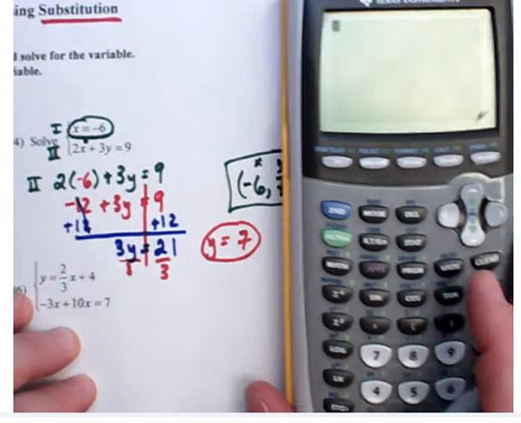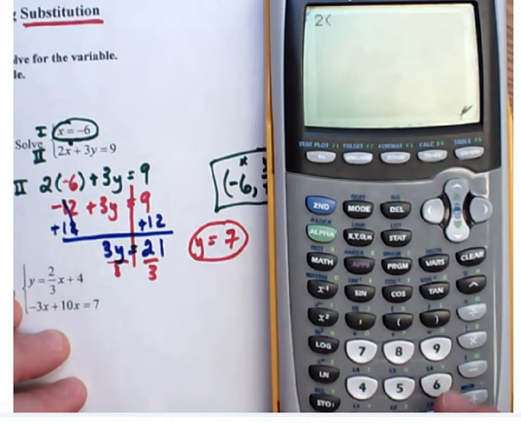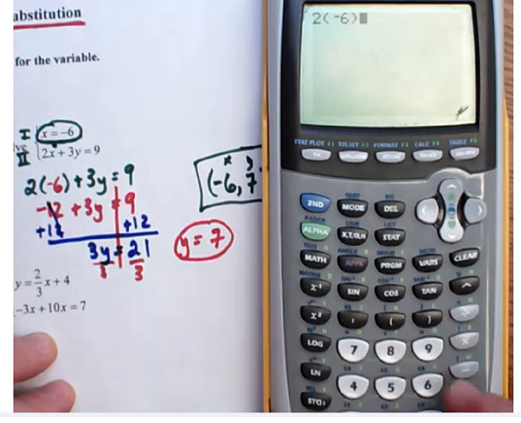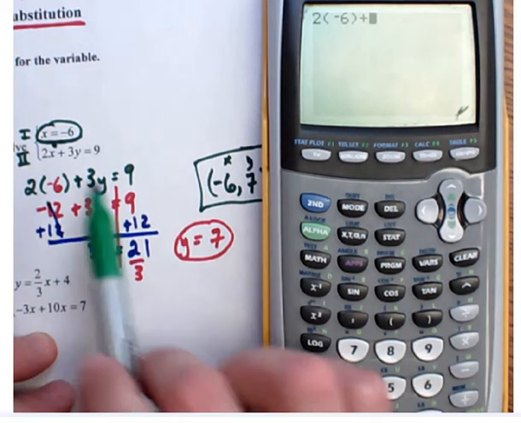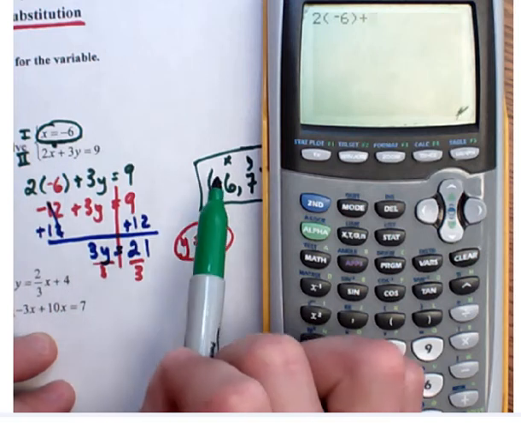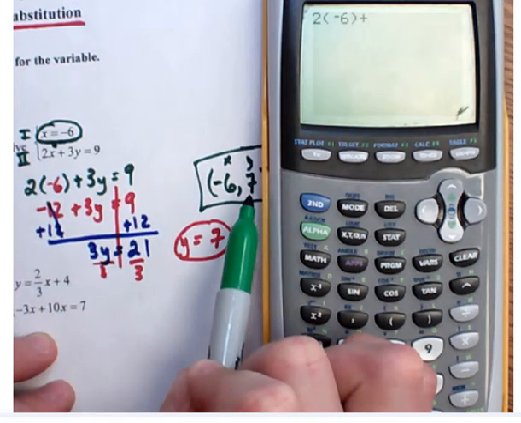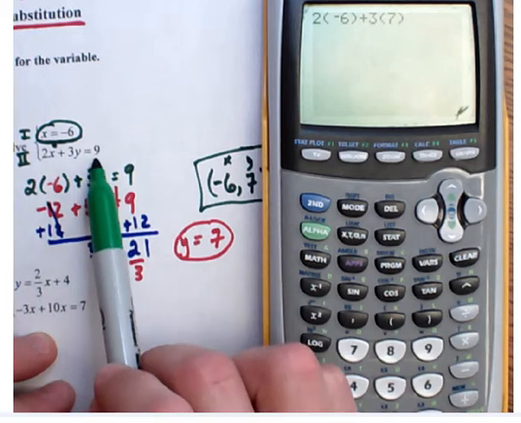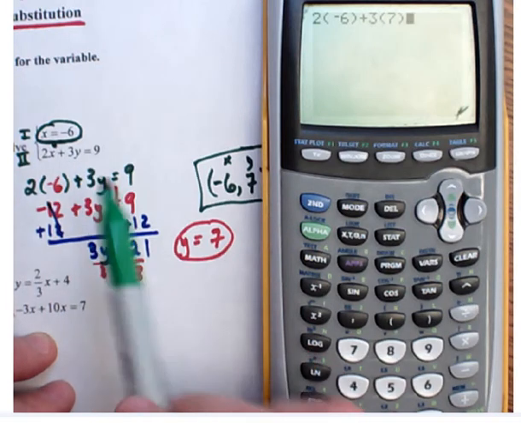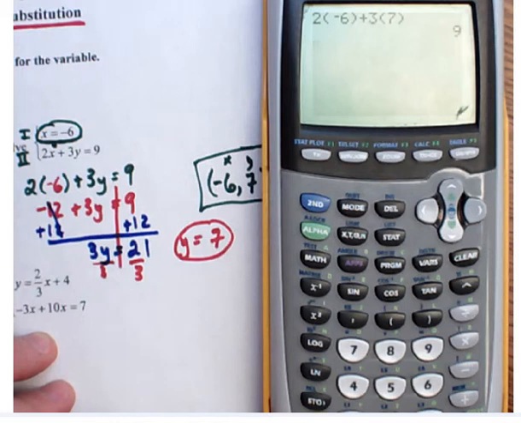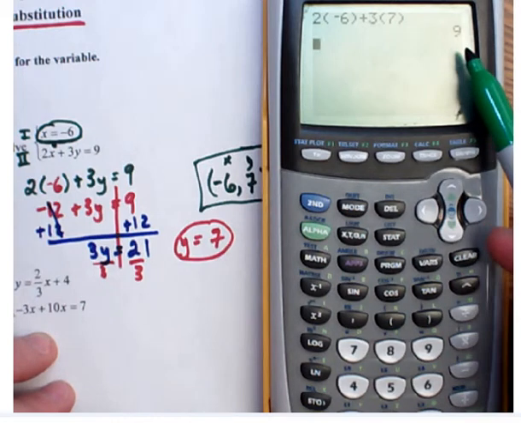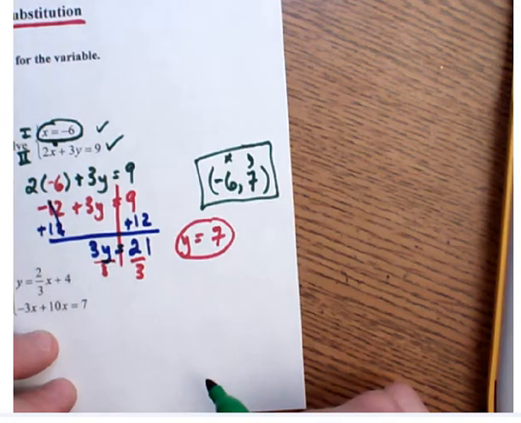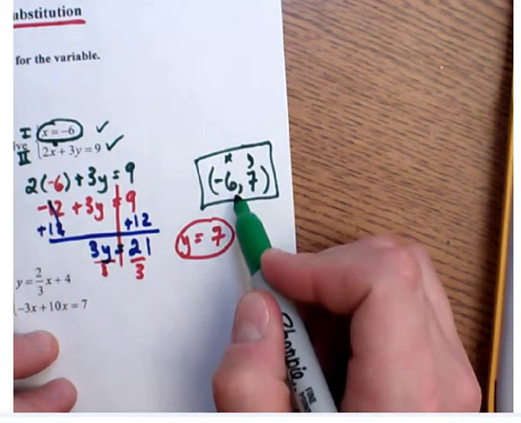So 2x, that's 2 times, x was -6, close parentheses, plus 3 times y, well our y value is +7. So 3 parentheses 7, the question is, does it give us 9? If it does, then we're good. You get the answer there, the value is 9. So that means the bottom equation also checks. Is this the solution? Yes, it's good.